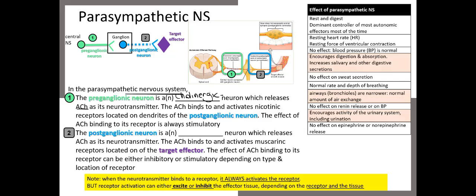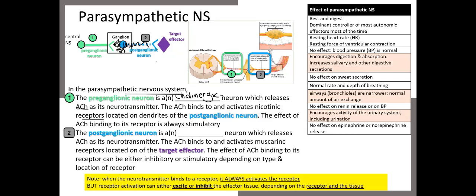The acetylcholine then binds to and activates nicotinic cholinergic receptors located on the dendrites of the postganglionic neurons. So these are the nicotinic cholinergic receptors. The effect of acetylcholine binding to its receptor is always stimulatory. So as soon as acetylcholine binds to this, it activates the postganglionic neuron.